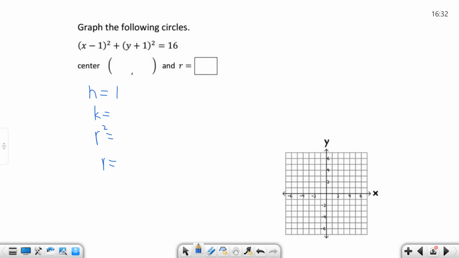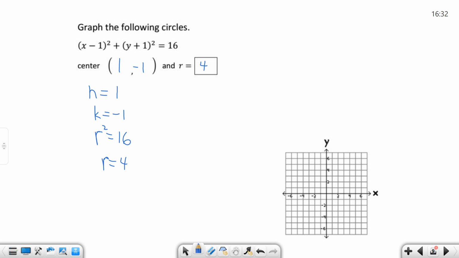Right? Remember, don't forget to change the sign, right? So then what is K? Negative 1. Then what is R squared? 16. So if R squared is 16, what is R? 4, right? Be sure don't do half. Do the square root, right? So then the square root of 16 is 4. So then my center is 1, negative 1, and my radius is 4.